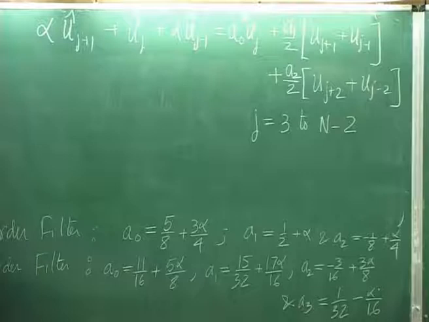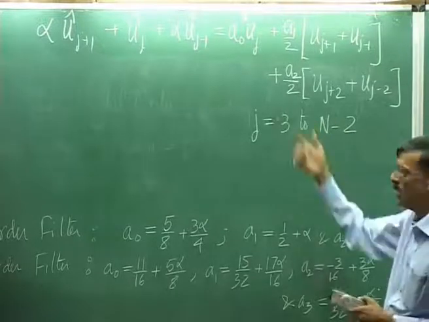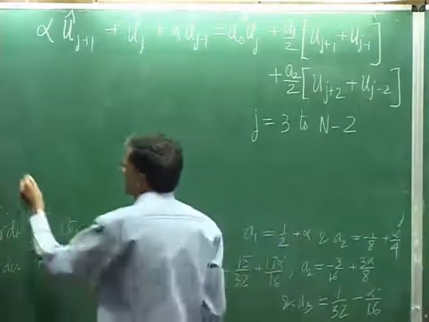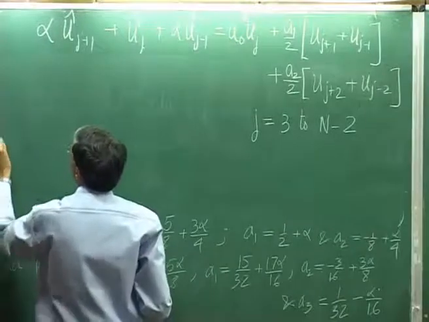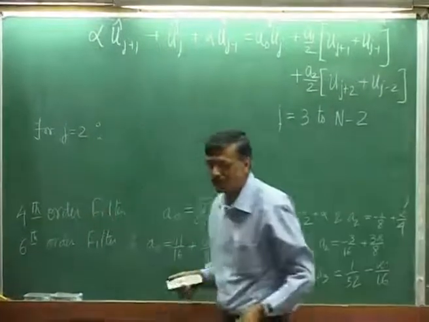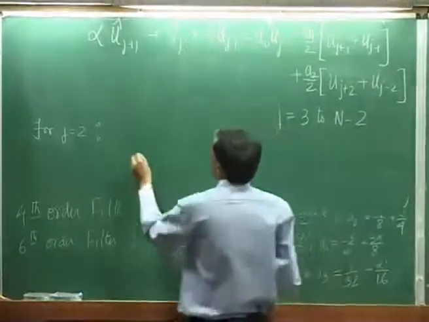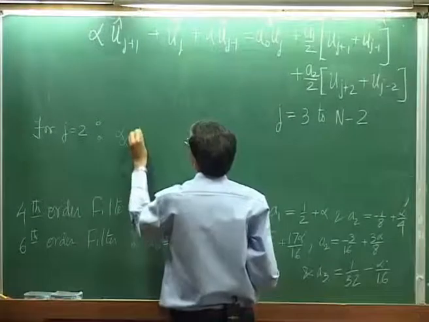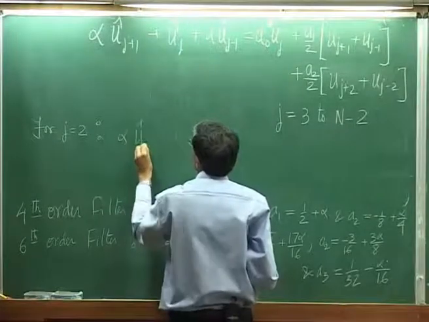We have to do something more, and the left hand side would be just the same. So, for j equal to 2, what should we be doing? The left hand side we keep as it is, because that does not cause any problem.